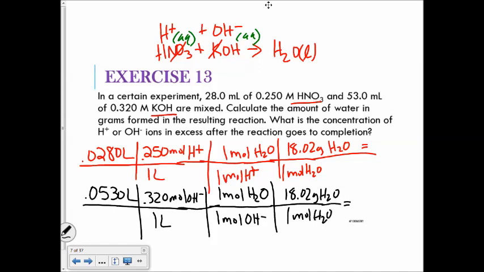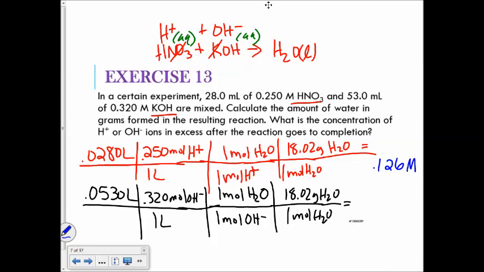All right. So we look for the one that comes out less. The one that comes out less is going to be our theoretical yield, and also will tell us which one's the limiting reactant. What did you guys get for the first track? 0.126. Yes?